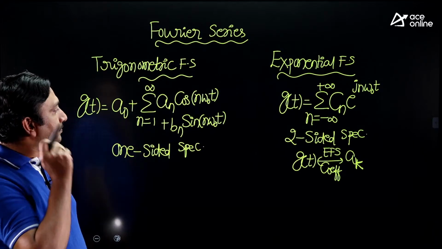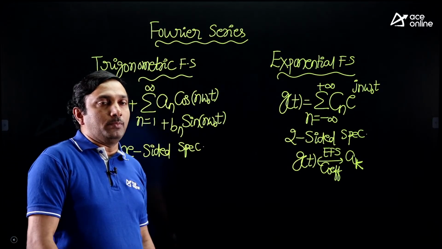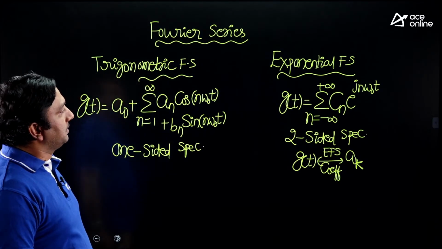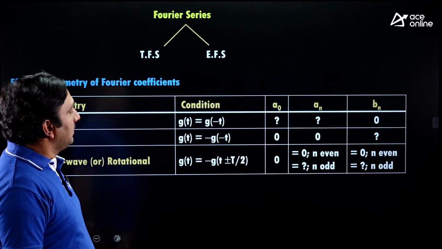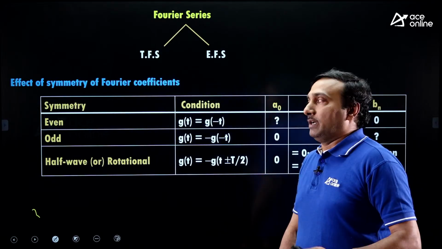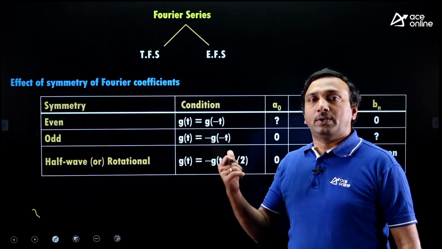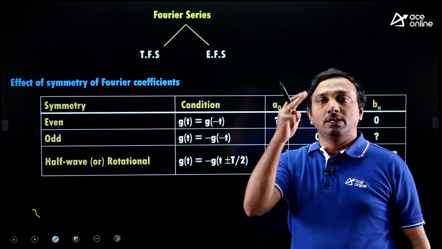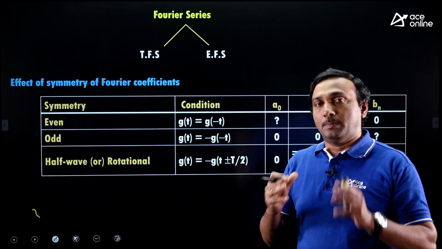So let us see what type of models will be touched related to this. This is the standard model for GATE or ESE related to the effect of symmetry on Fourier coefficients. Generally we are taking 3 symmetries.